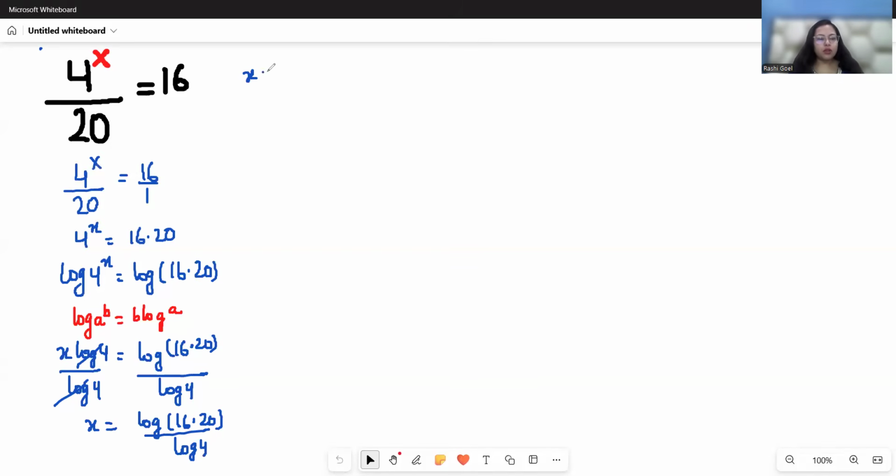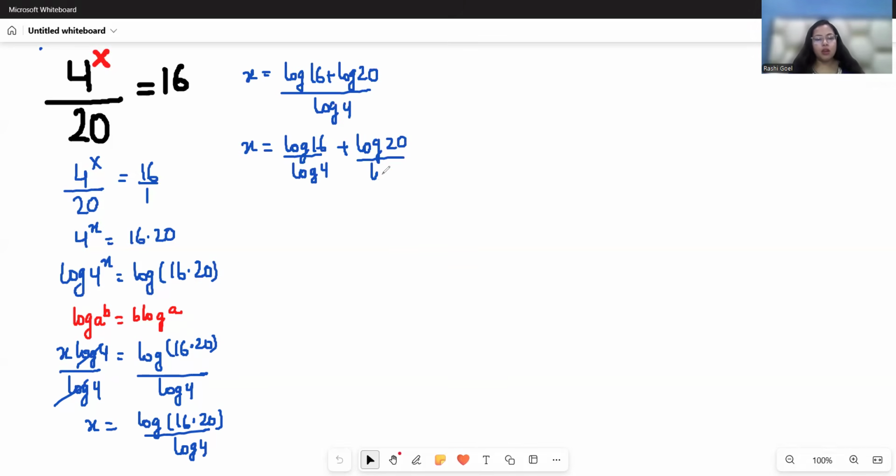Now I'm going to use the identity of log a times b as log a plus log b. So x equals log 16 by log 4 plus log 20 by log 4. 16 we know is 4 square, and log 20, I can write it as 5 times 4.